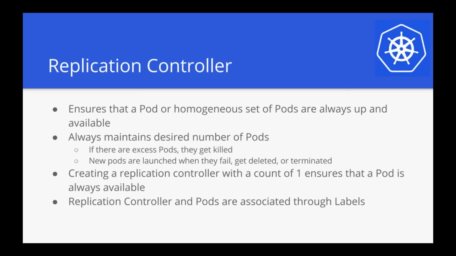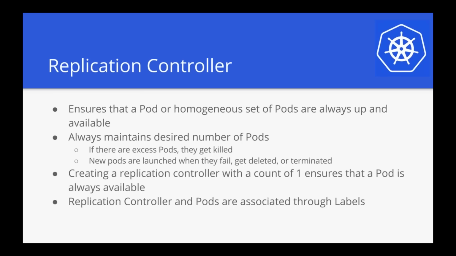So every time a new pod is launched through a replication controller, it is under the observation and the control of the replication controller. If that gets killed or crashes, the replication controller will automatically resurrect another pod. So that's the beauty of it.